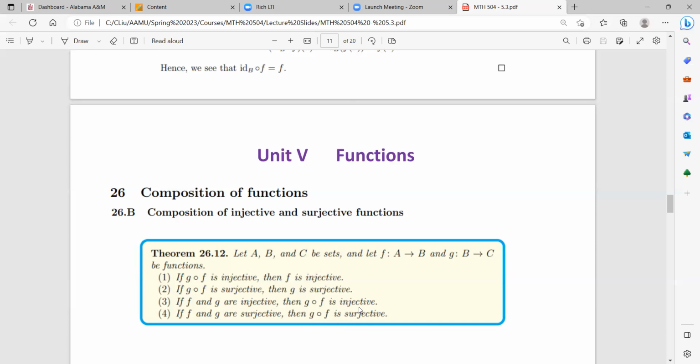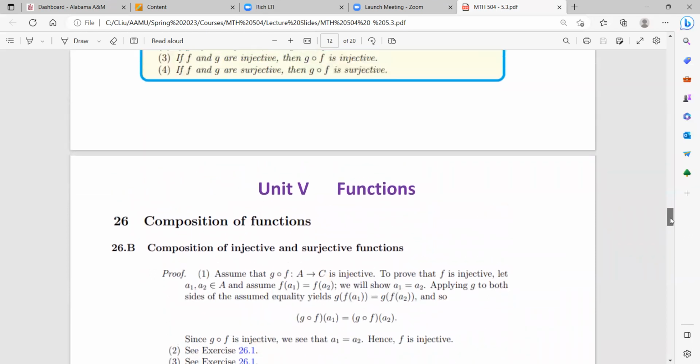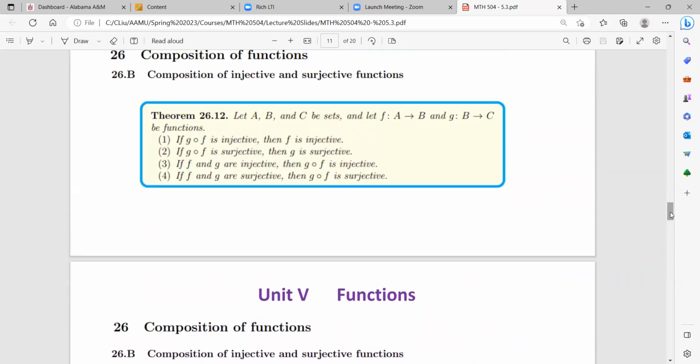So it requires both functions to have the same property in order for the composition of them to have that property. Okay, so we can prove these things pretty straightforwardly, not very hard. So, for example, if we want to prove the first result, given the composition of g and f is injective, then we need to show f is injective. Okay.